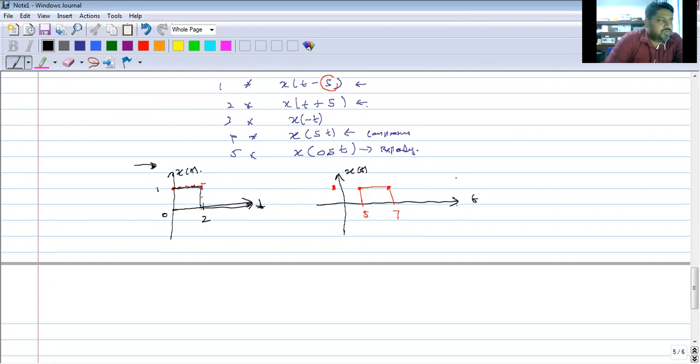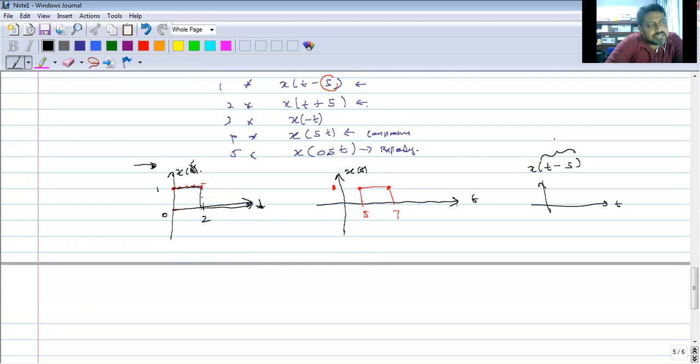So now we want to find x(t-5). We need to draw x(t-5). So you know that for this signal, t is the independent variable, and for this signal, what is the independent variable? It is t minus 5.